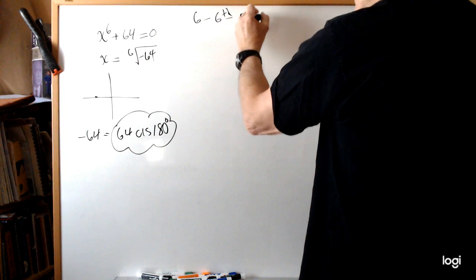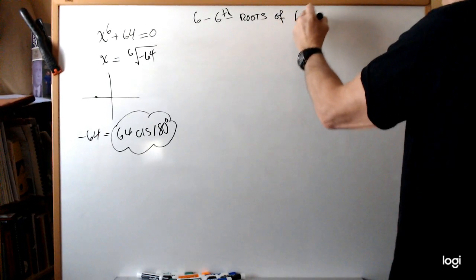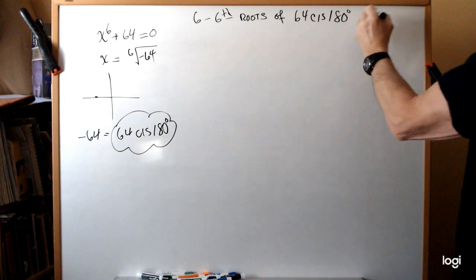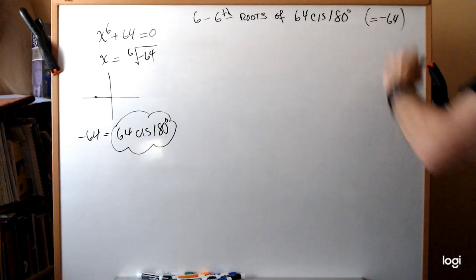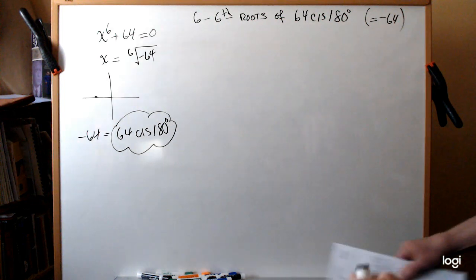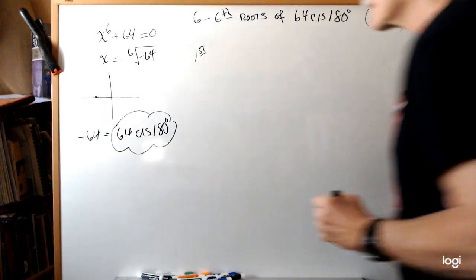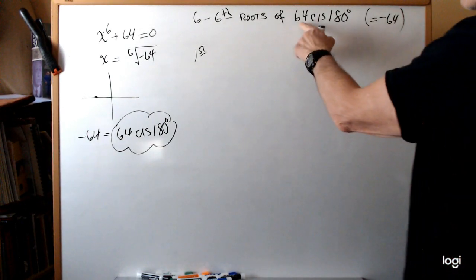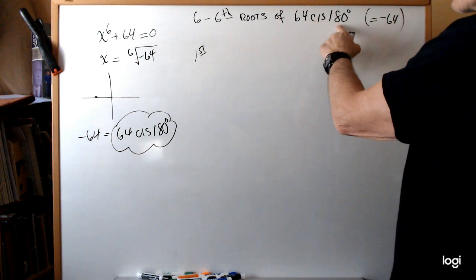Okay, so let's get the sixth roots of 64 cis 180, which we know equals negative 64, and that would solve our equation. Okay, so let's go through this step by step. The rule is we take the sixth root of 64 and we divide the angle by 6.